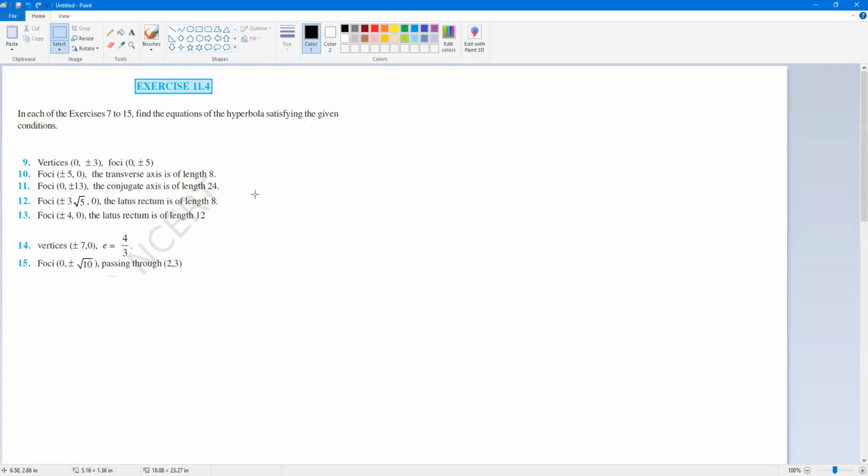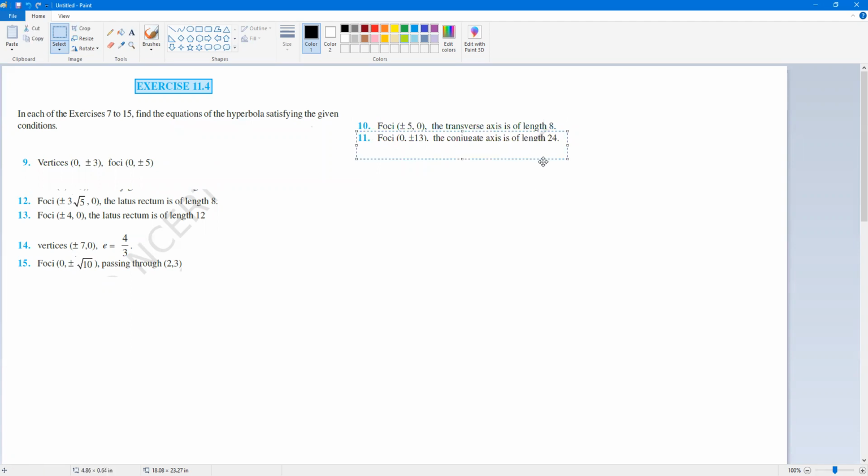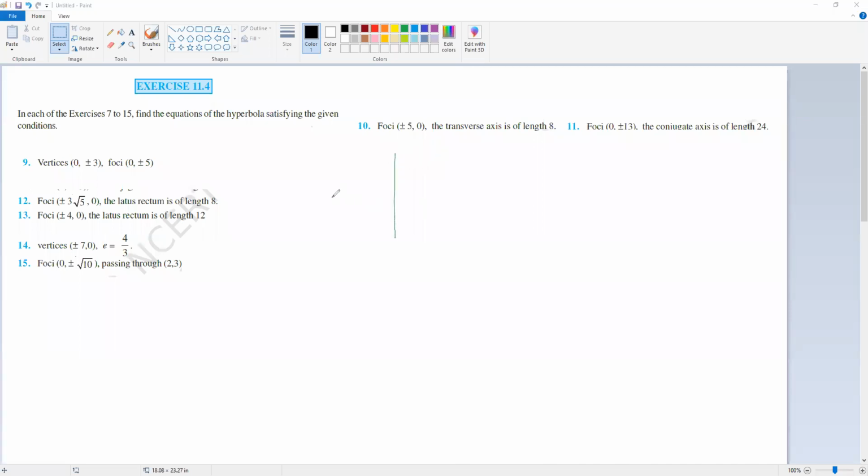Next question. So 9 question वैसे कर सकते हैं. अभी देखो 10 and 11. 10th में देखो बोला है कि foci, so rough picture already, foci is plus or minus 5, 0.